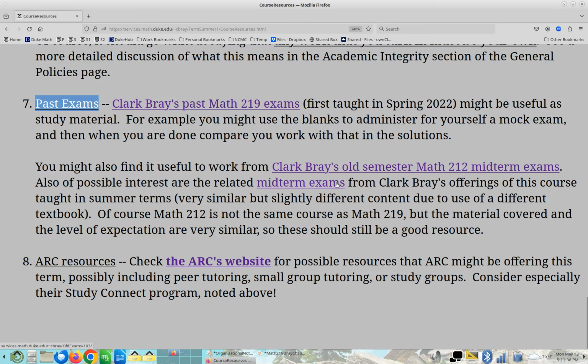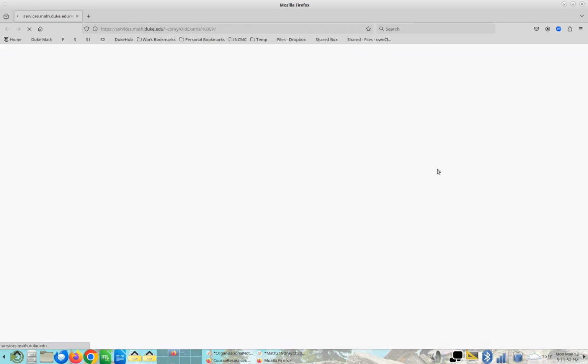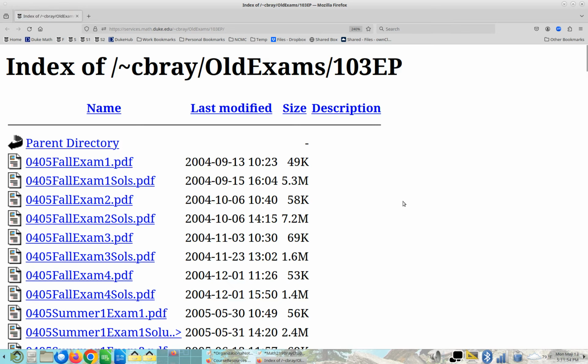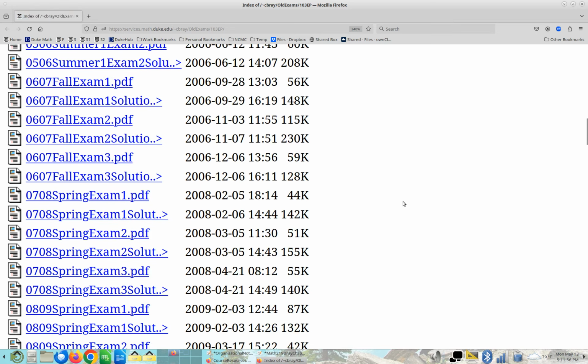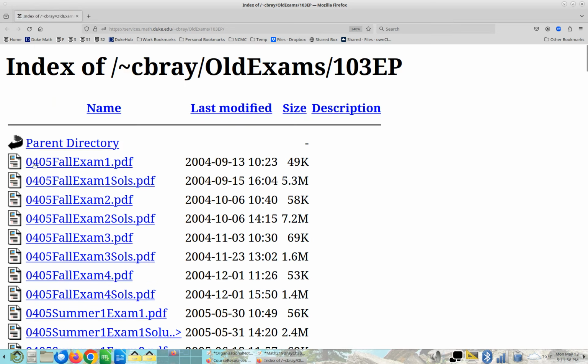But Math 212, not the same course, but a very similar course, in fact, with very few differences. The linear algebra prereqs, the only difference. This list of old Math 212 exams is quite massive. You can see I've been teaching Math 212 since 2004 here at Duke.